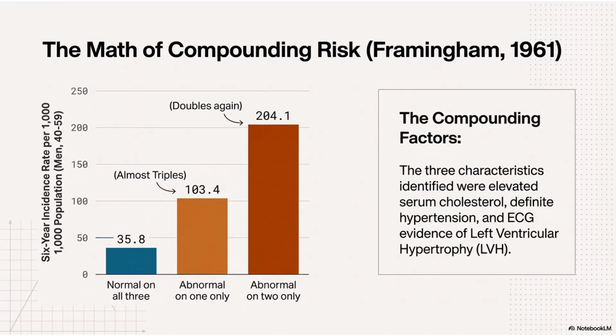The three characteristics shown here are elevated serum cholesterol, definite hypertension, and ECG evidence of left ventricular hypertrophy. This is where epidemiology becomes clinically powerful. Notice that it does not just say high blood pressure is bad. It says high blood pressure plus high cholesterol plus evidence of cardiac strain creates a very different risk profile than any factor alone.